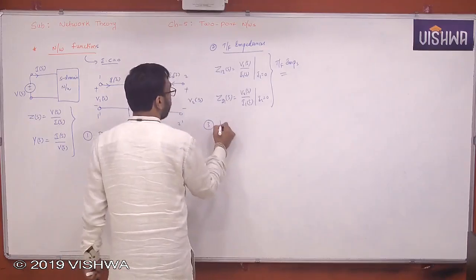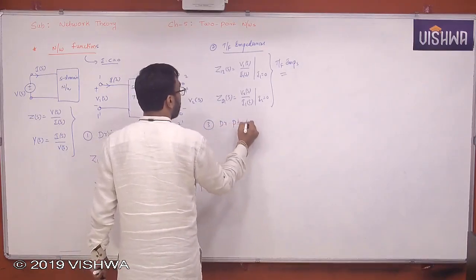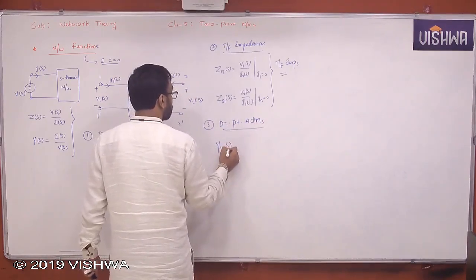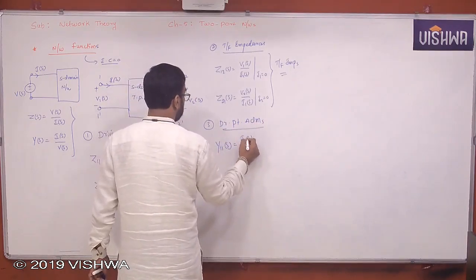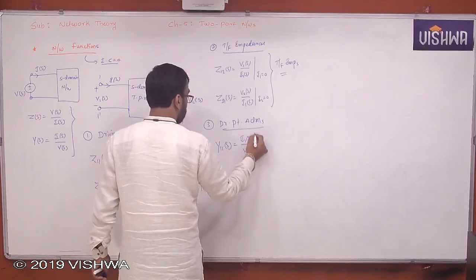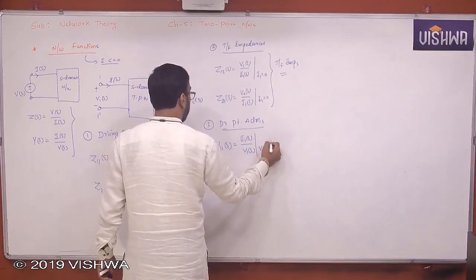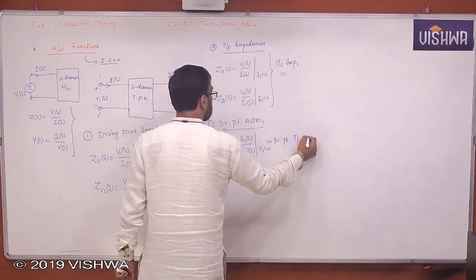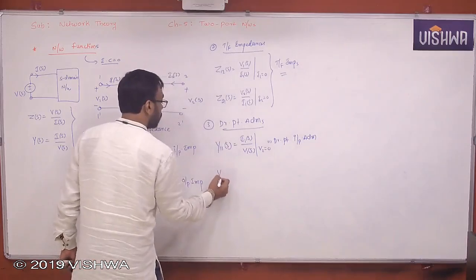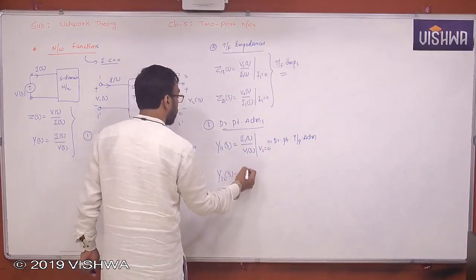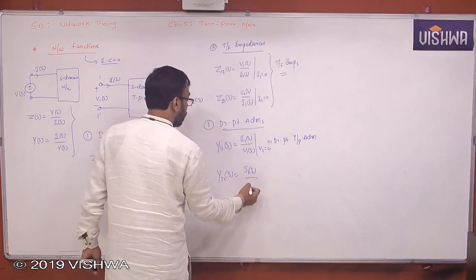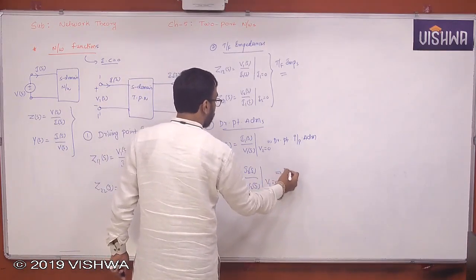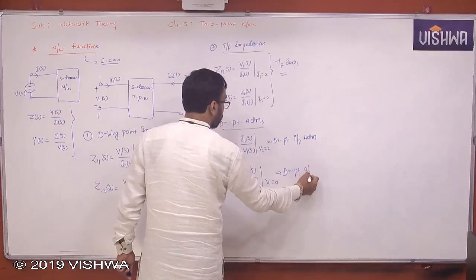Third one is driving point admittances. So Y11 of S is I1 of S by V1 of S when V2 is 0. So driving point input admittance. Y22 of S is I2 of S by V2 of S when V1 is 0. Driving point output admittance.